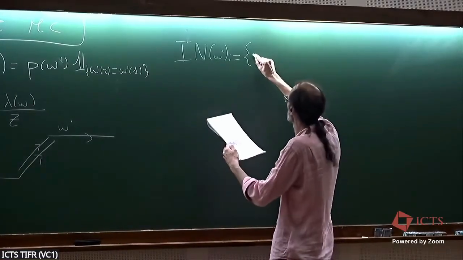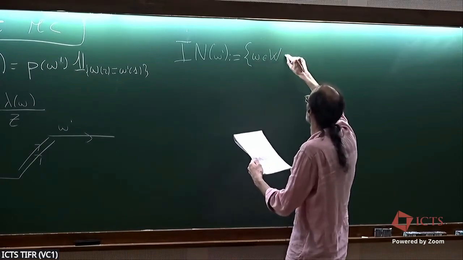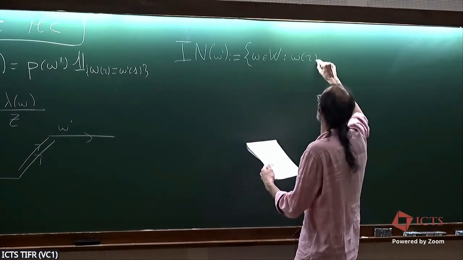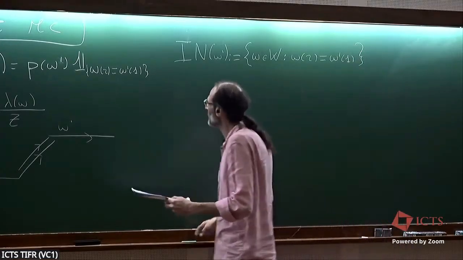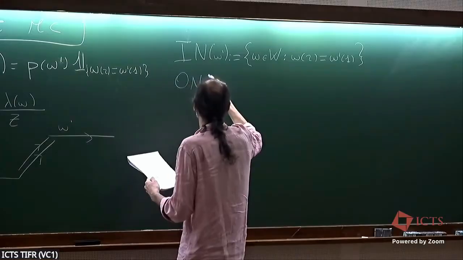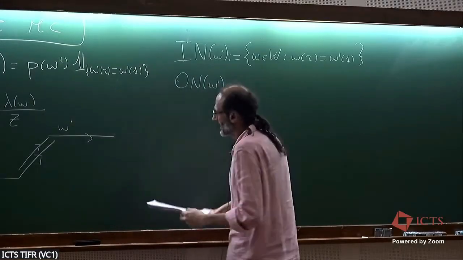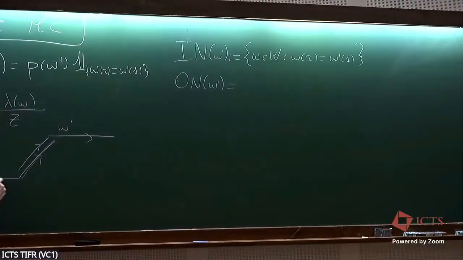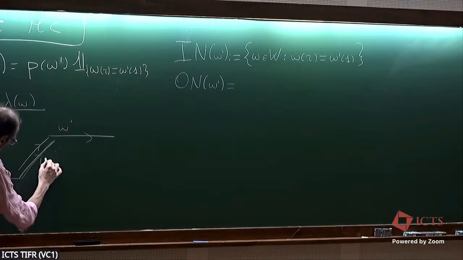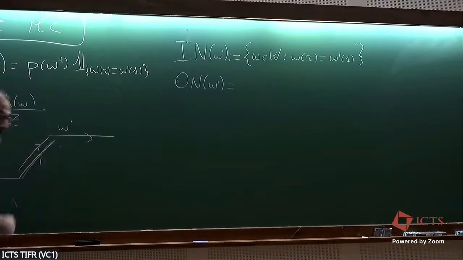So this means simply all the possible W's such that its second point is equal to the first point of W prime, and then there's the out neighbor of a wedge. So if you like, this is the in neighbor. All sorts of wedges of this type, which include all possible wedges, and including the one that goes back here, the flat one.